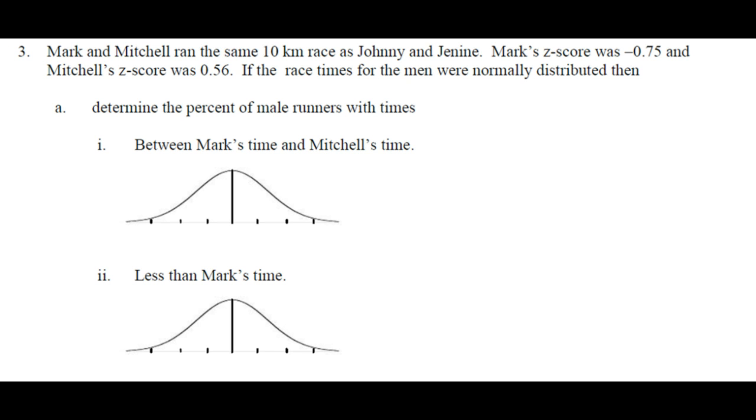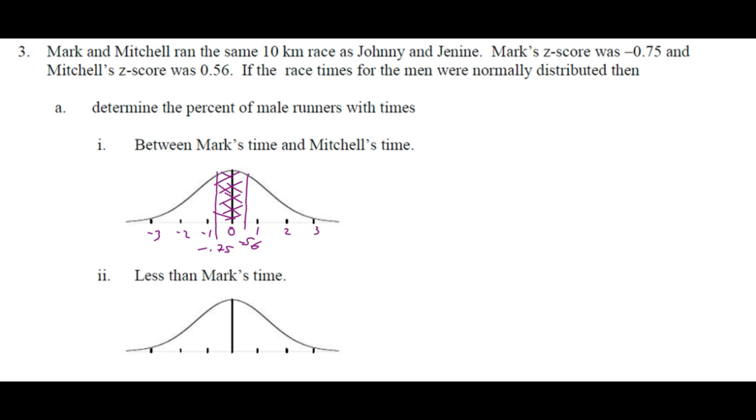So 0, 1, 2, 3, negative 1, negative 2, negative 3. Mark's Z-score of negative 0.75 is going to be about here, and Mitchell's Z-score of 0.56 is about here. And what we want is this area.